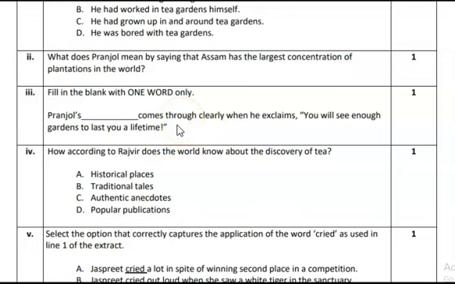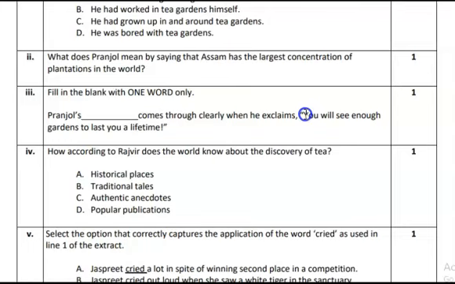Look at question number 3. Question number 3 is, fill in the blank with one word only. Pranjal comes through clearly when he exclaims. So you have to understand this statement: "You will see enough gardens to last you a lifetime." So what is the mood of Pranjal when he is making this statement?